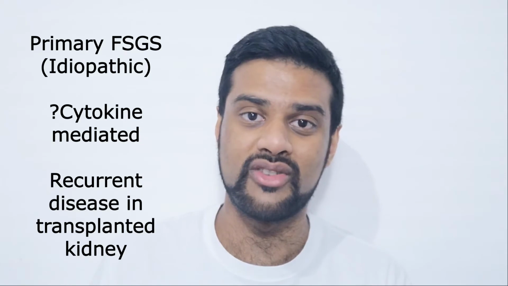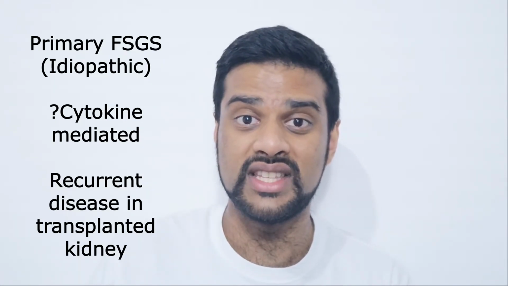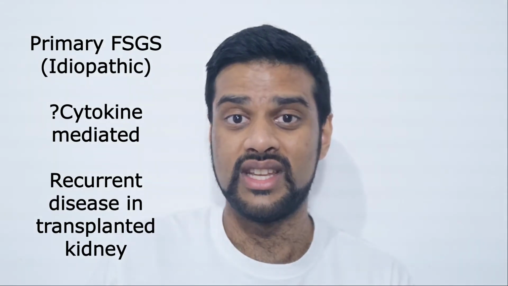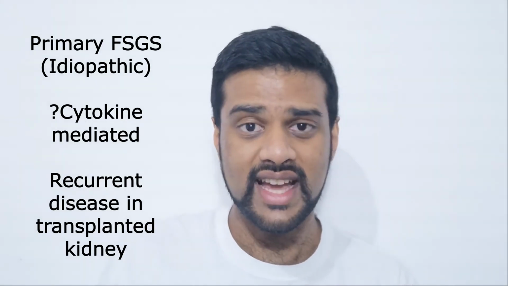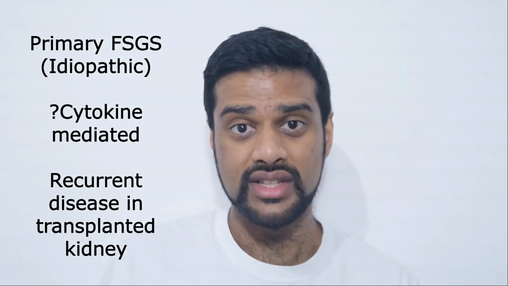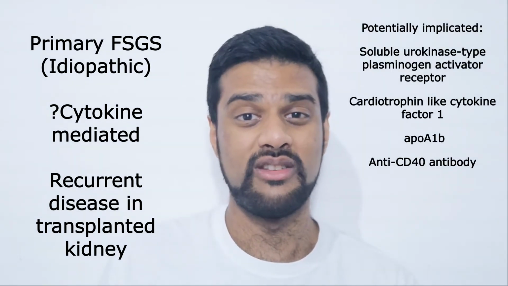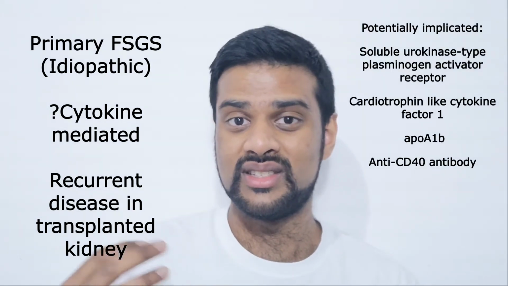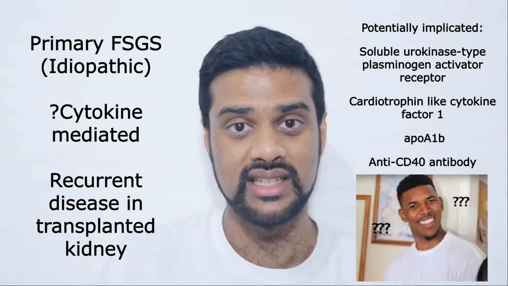The FSGS didn't recur. So the fact that primary FSGS can cause recurrent disease in a transplanted kidney suggested that it could have been something circulating in the body that was mediating this disorder.